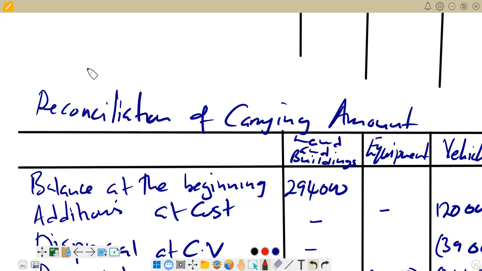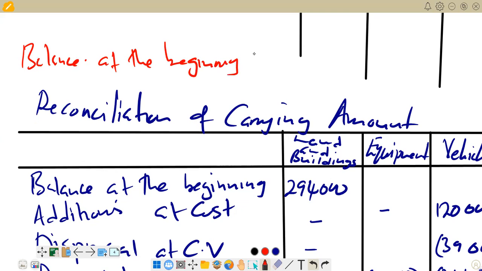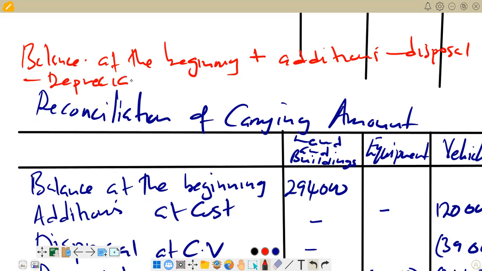So the formula that we are using is: balance at the beginning, then we add additions, we subtract disposal, and then we also subtract depreciation for the year, which is equal to balance at the end.